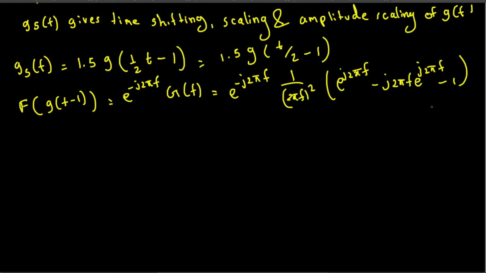That is the Fourier transform of g of t minus 1.